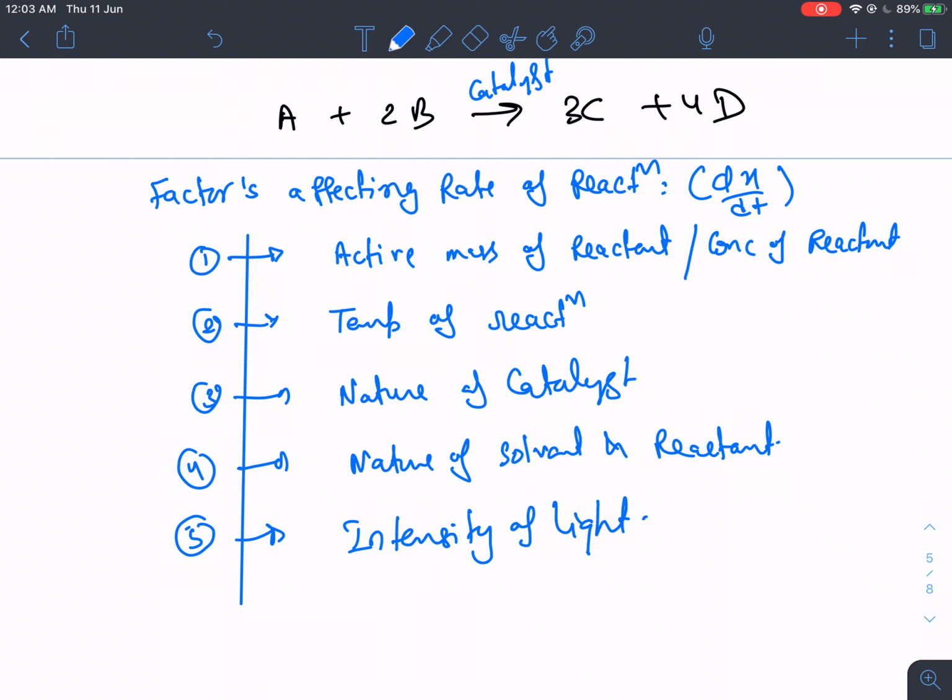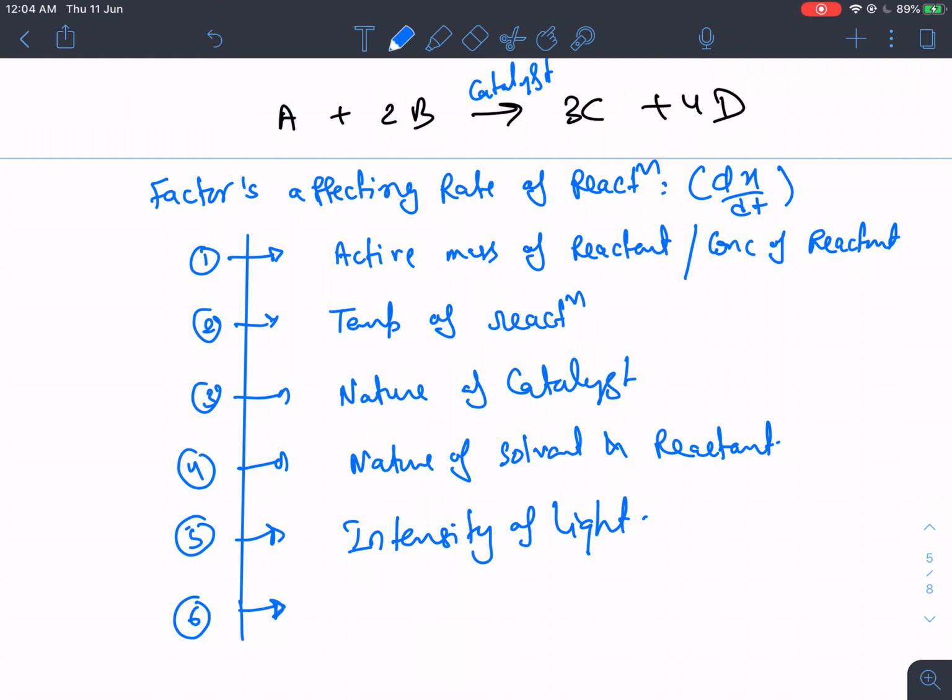Like you would have heard that photosynthesis in plants happens more in the daytime as compared to the night time, and if there is no ambient light, photosynthesis doesn't happen. So that reaction is affected by the intensity of light. Now what are the others? There are multiple factors, guys. I am just dictating a few of them.